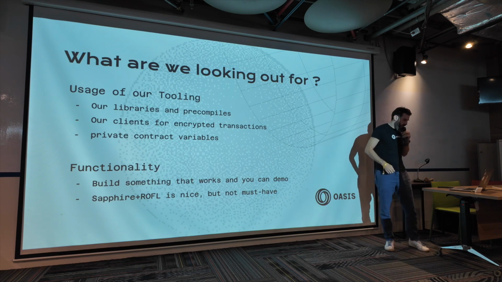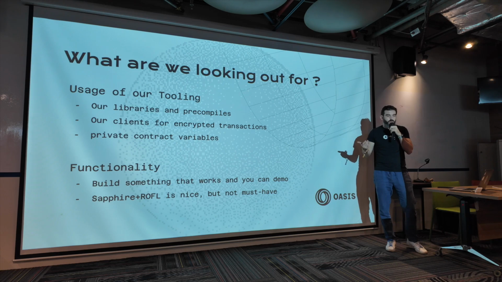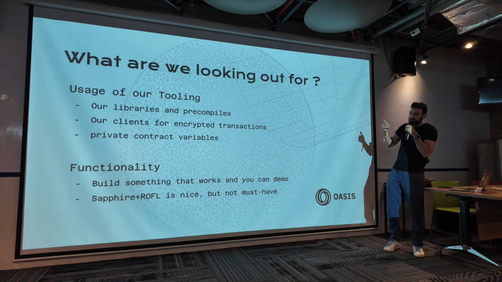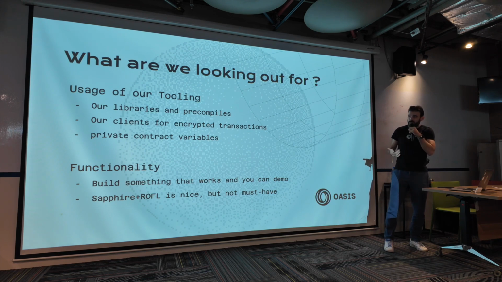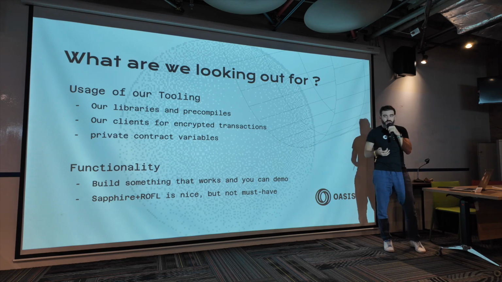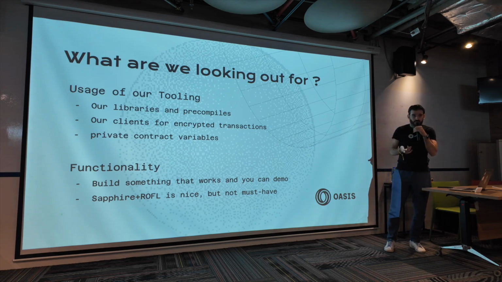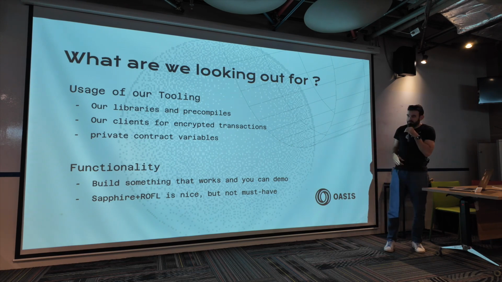What will we look for? We will look for you using our tooling. I mean, use our clients, for example, to have encryption. We also have different precompiles, so use these so that you can do randomness, and some signing with our precompiles.